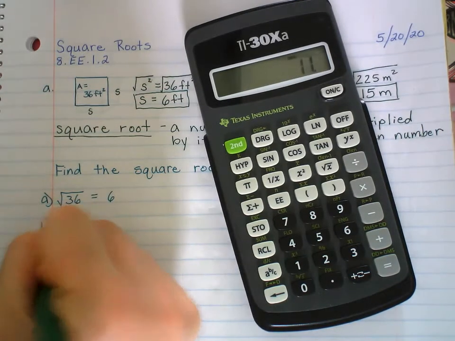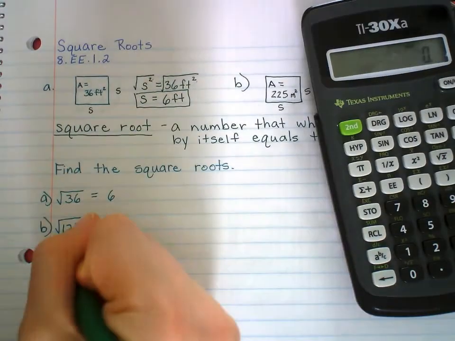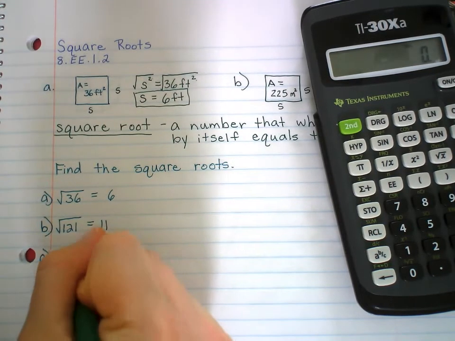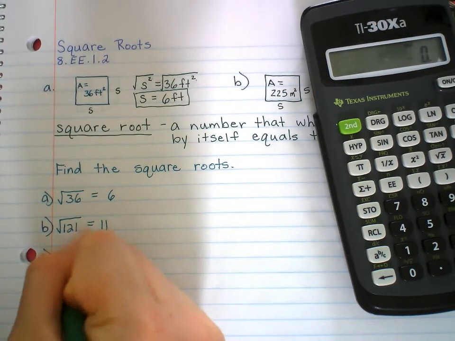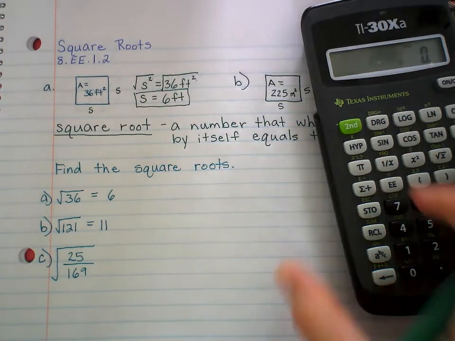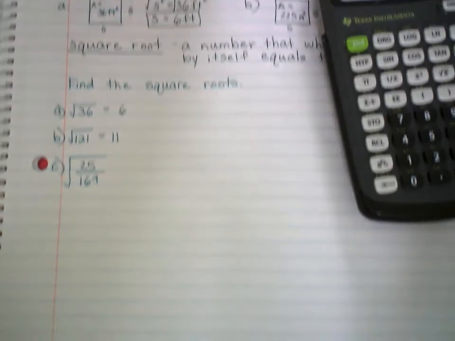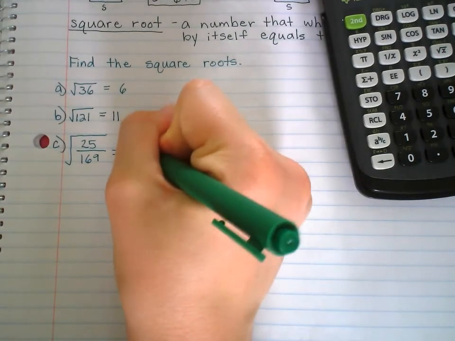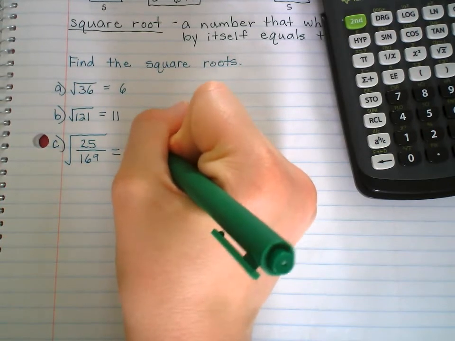Now, sometimes you're going to see it with fractions. And this is what I kind of hinted at in a video last week, if you saw that. So find the square root of 25 over 169. Okay, so all you do, guys, separate it. This is just saying, what's the square root of 25?